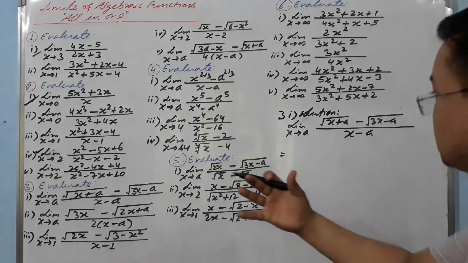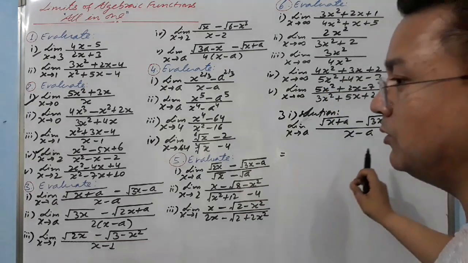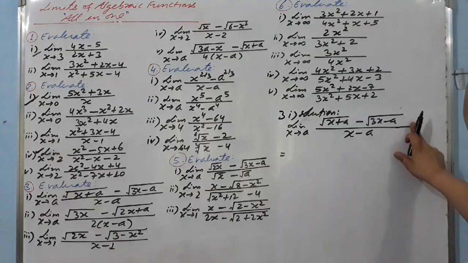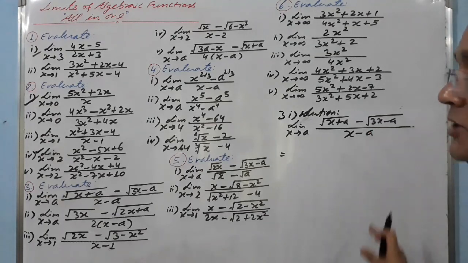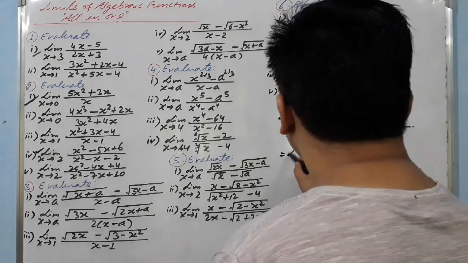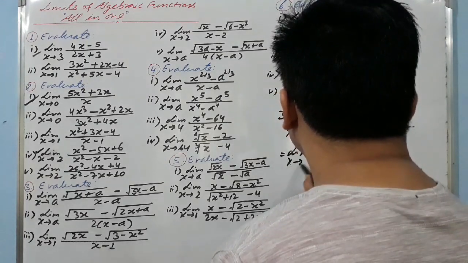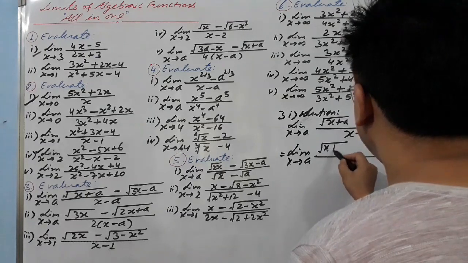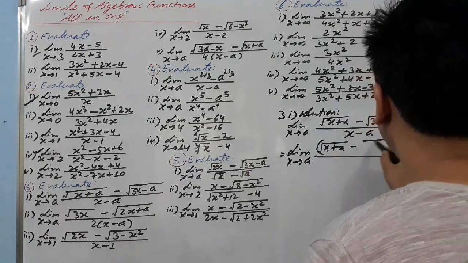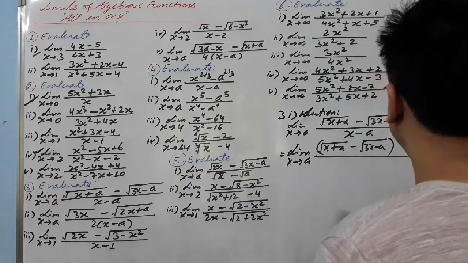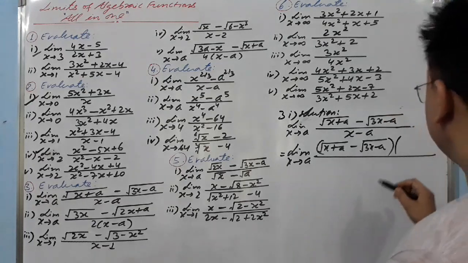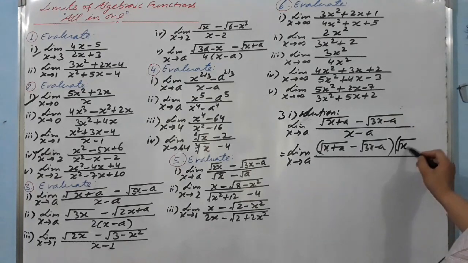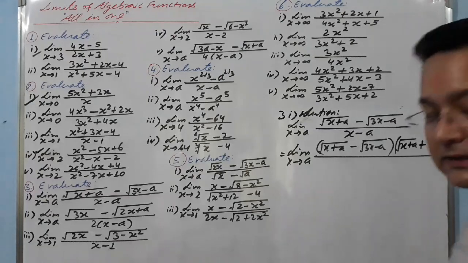Now as I told you just now, we need to simplify by rationalizing. Limit as x tends to a, root x plus a, let's multiply the conjugate of this, root plus.